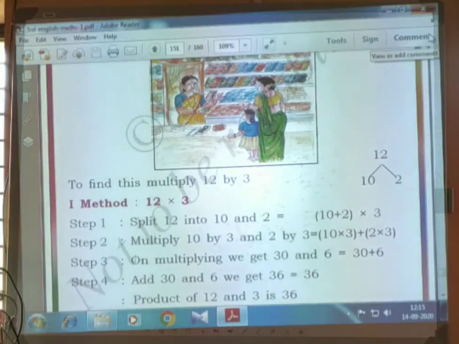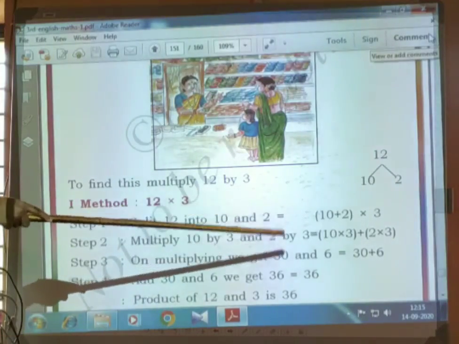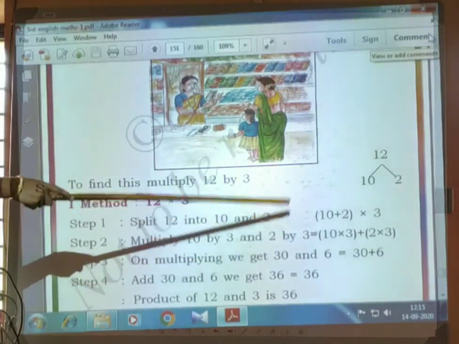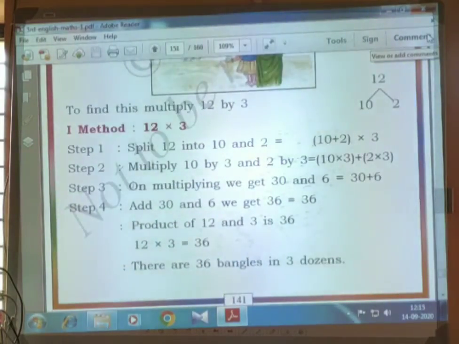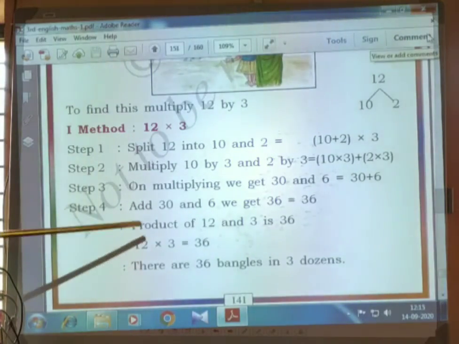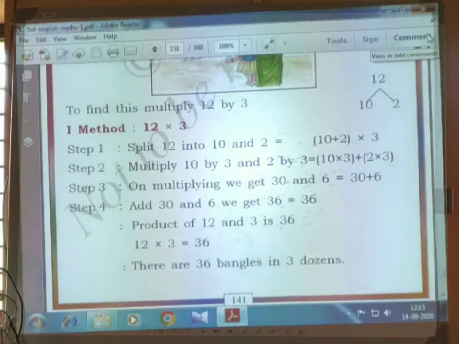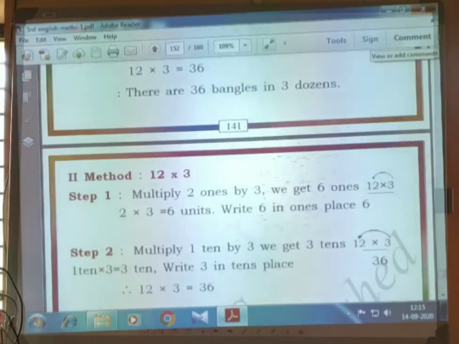Okay, 10 into 3 plus 2 into 3. 10 3s are 30, 2 3s are 6. Add 30 and 6, we get 36. Product of 12 and 3 is 36. There are 36 bangles in 3 dozens.